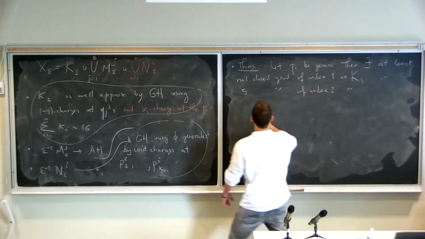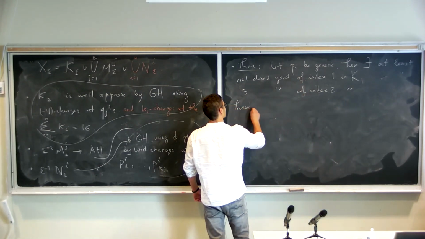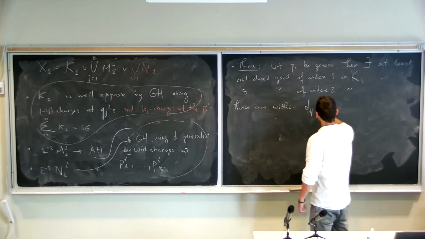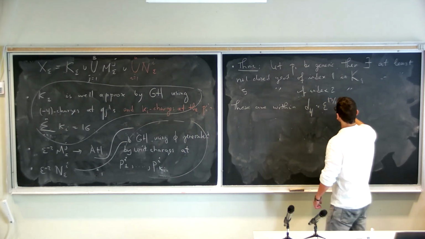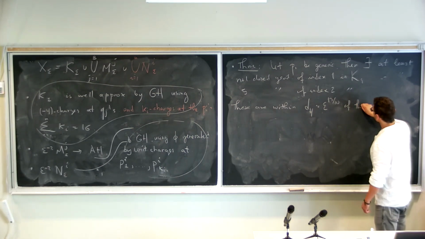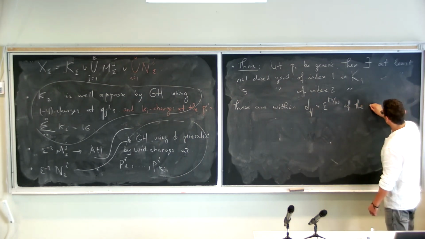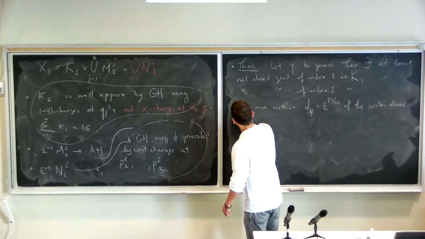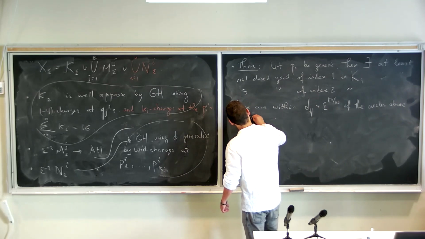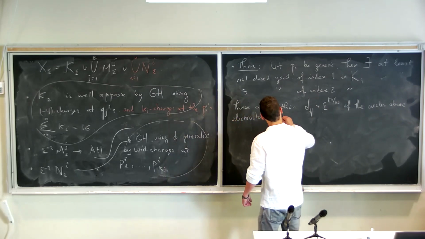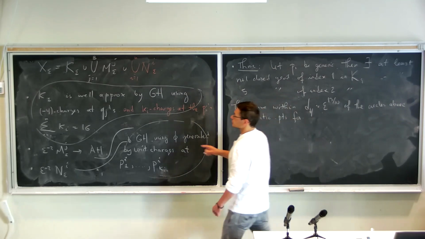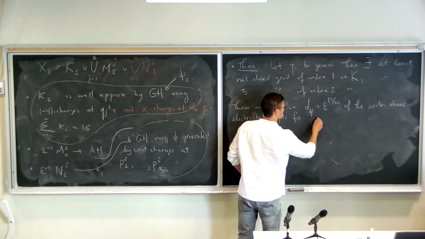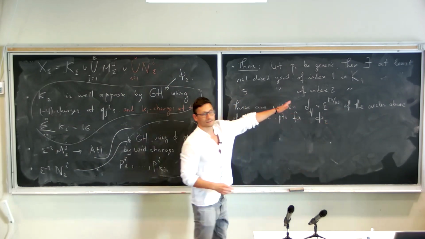These geodesics are within, in the Hausdorff distance, around epsilon to the 13/10 of the circles above electrostatic points for the potential you use here. Let's call this potential phi epsilon. So you can locate them with this precision.